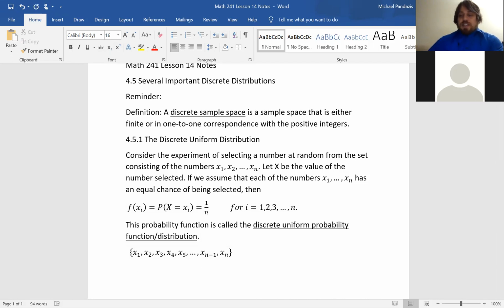And so now I'm going to state this formally as a definition. Okay, this is definition 4.3.